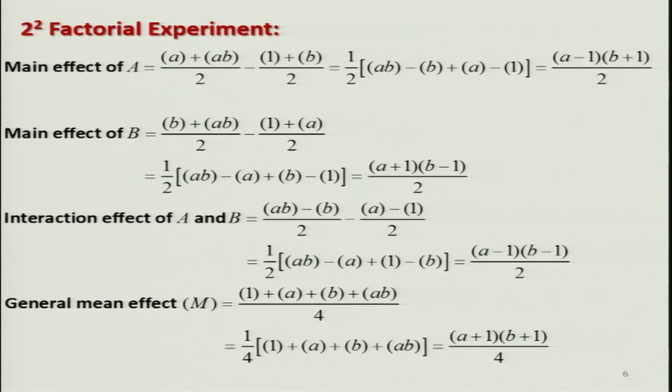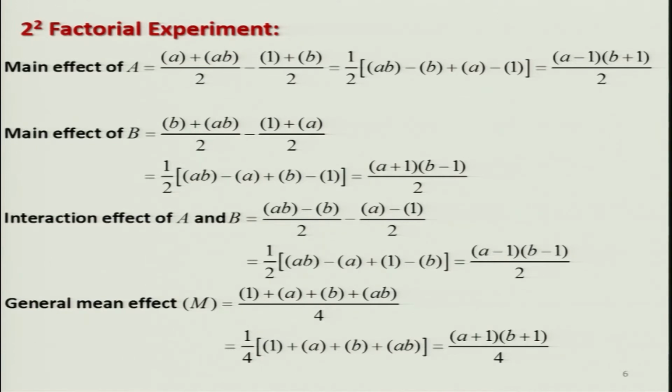And we had expressed the main effects of irrigation and nitrogen as the main effects of A and B, and the interaction effect between irrigation and nitrogen, that means different levels of irrigation and different levels of nitrogen.